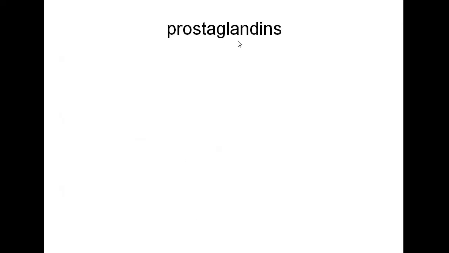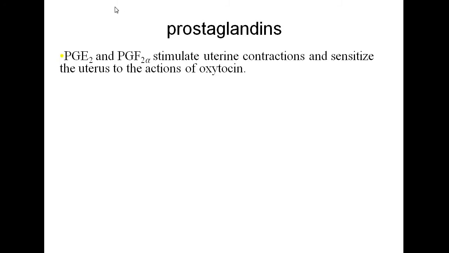Prostaglandins are an important group of oxytocic drugs. PGE2 and PGF2 alpha cause uterine contractions and they also sensitize the uterus to the actions of oxytocin.